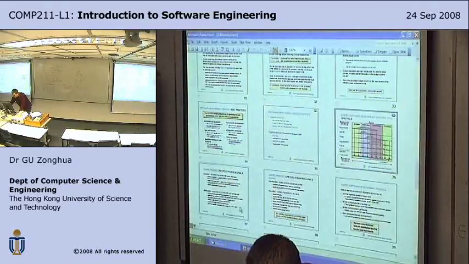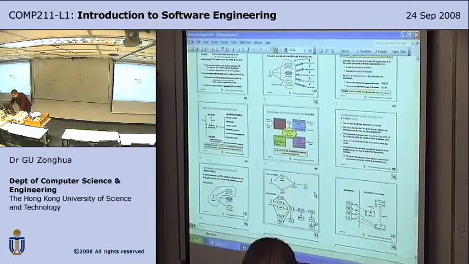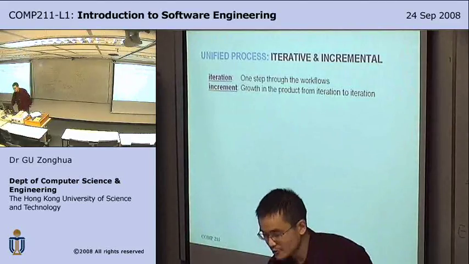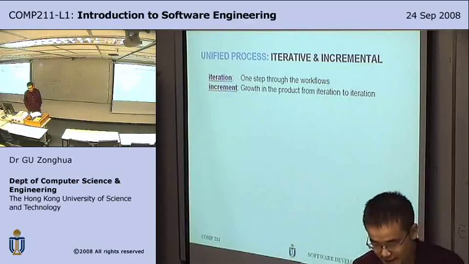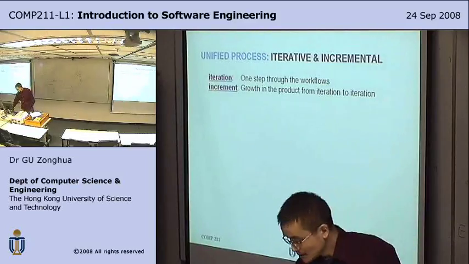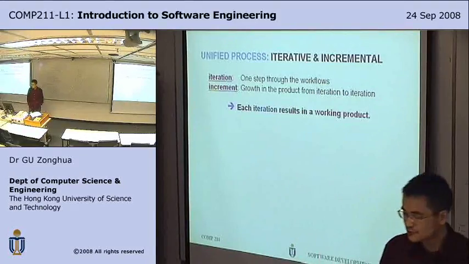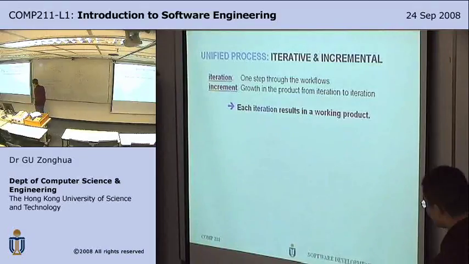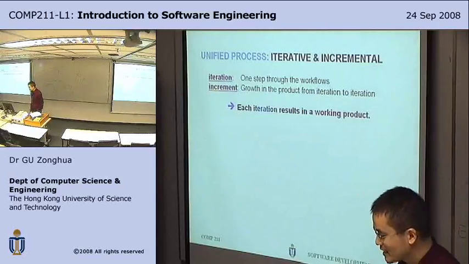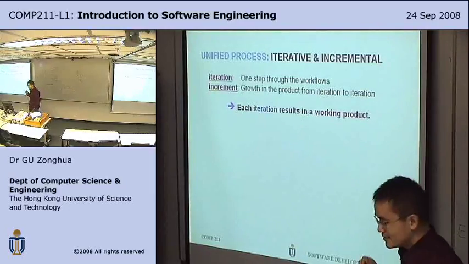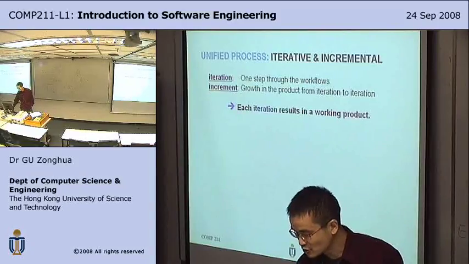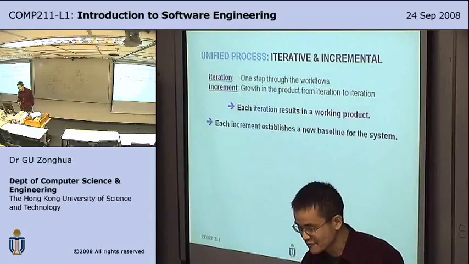So the unified process is iterative and incremental. That is, each iteration results in a working product. In the early iterations, you have very rough baselines and prototypes, and eventually you refine the product into a more complete product as you go through different increments.